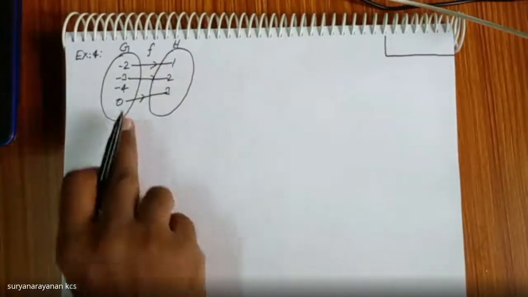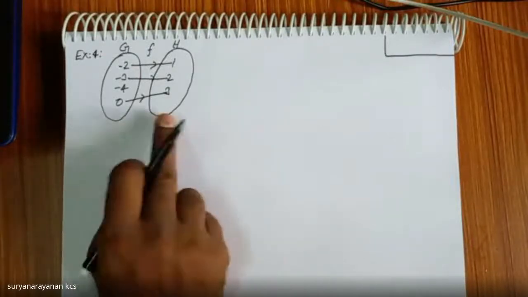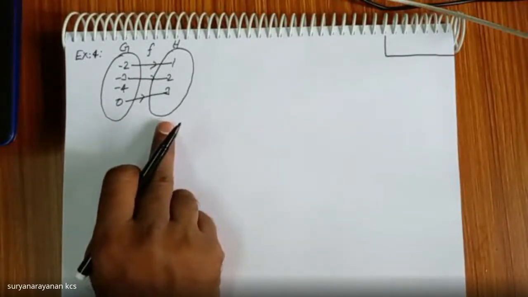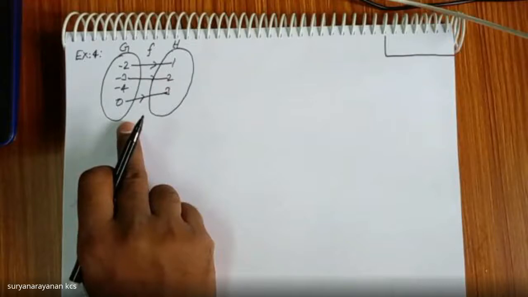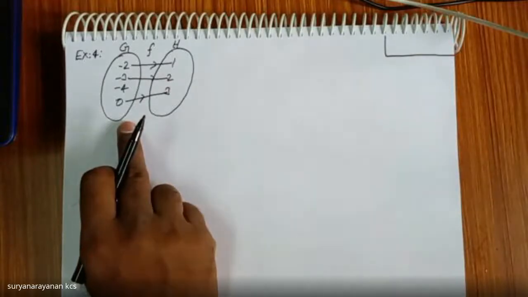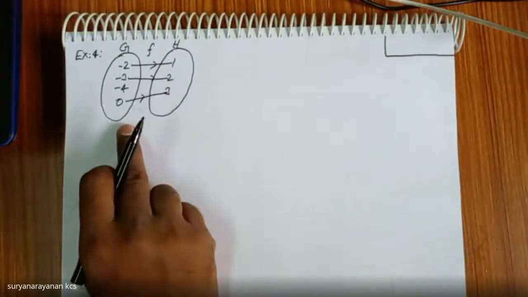Now, by observing this arrow diagram carefully, can you tell me, is it a function or not? And justify your answer. Is this relation a function or not? Nikhil said function. What about others?